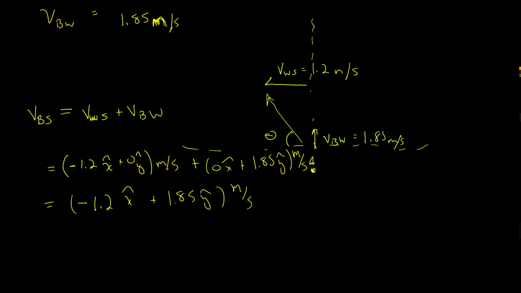If I look at that angle, the angle is equal to the inverse tangent of my y component over my x component: 1.85 meters per second over 1.2 meters per second, and that's roughly 59.6 degrees. Nope, 49.6, sorry.